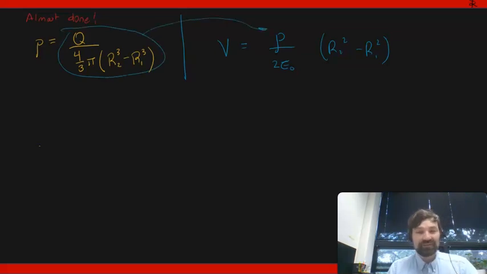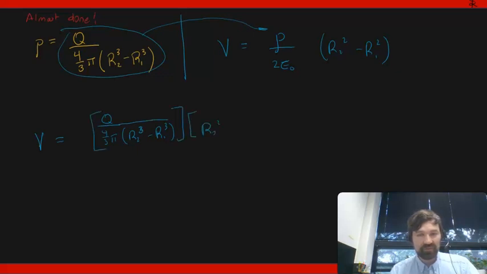What we're going to get when we do that is that our electric potential value is Q divided by 4/3 pi times R2 cubed minus R1 cubed, and that is the rho value, all times R2 squared minus R1 squared, and then that divided by 2 epsilon naught.